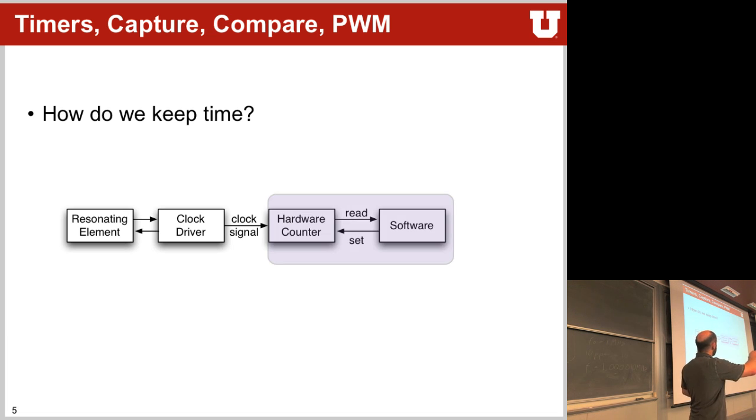The thing that I just brushed over was this part. I talked a little bit about software, but I didn't really talk much about hardware counters and how they really work in detail. So what I want to do now is go to the blackboard and do a couple of exercises and actually design a timer with you, to see how timers work.